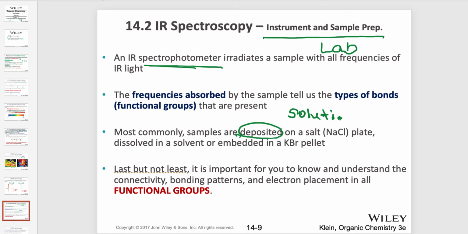But we can also prepare solid samples, and we either use salt plates with sodium chloride or KBr. Last but not least, again, understand the connectivity, the bonding patterns, and electron placement in all functional groups. So that is really, really important, and so I'm going to put here an exclamation point.